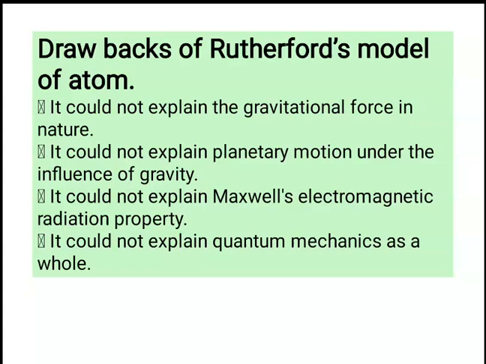Thirdly, he compared his model with the planetary system, whereas planets are massive bodies, but electrons, atoms and nucleus all are microscopic particles. So there is no match between massive bodies and microscopic particles.